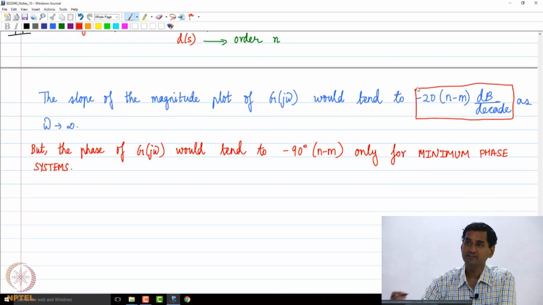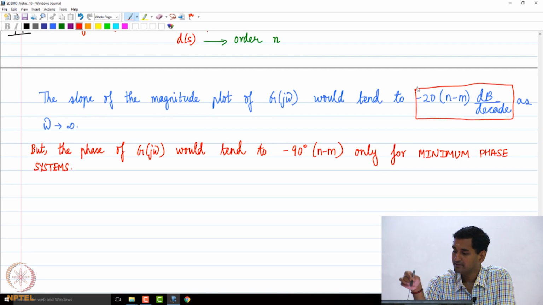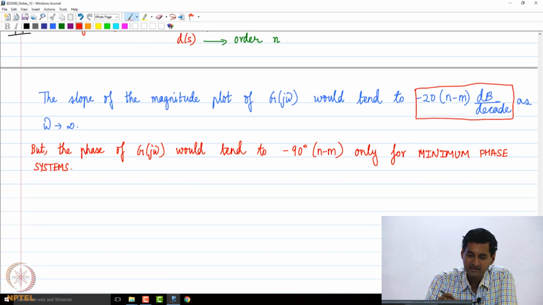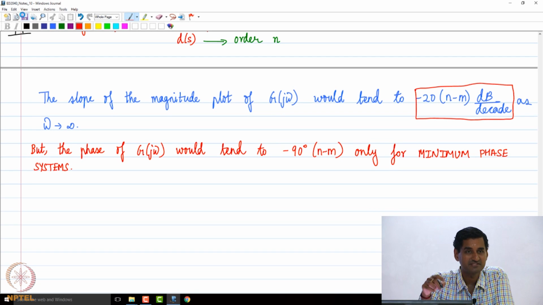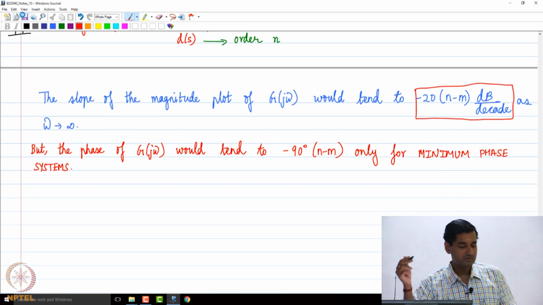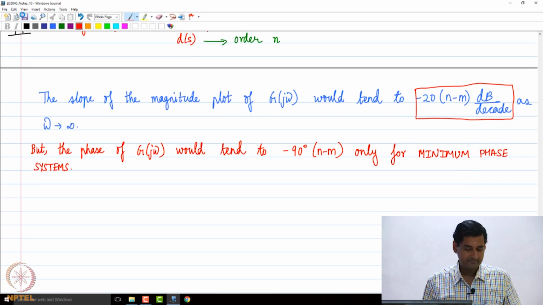Then you look at the high frequency value for the phase, and you will be able to determine whether it's a minimum phase system or a non-minimum phase system. So we will see this when we do a case study or project towards the end. That's something we will do later on.